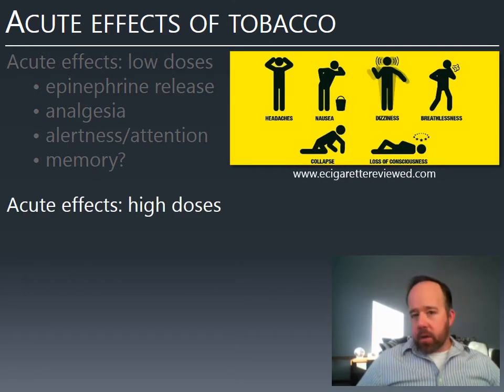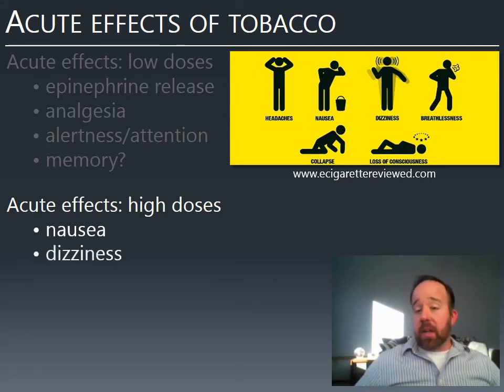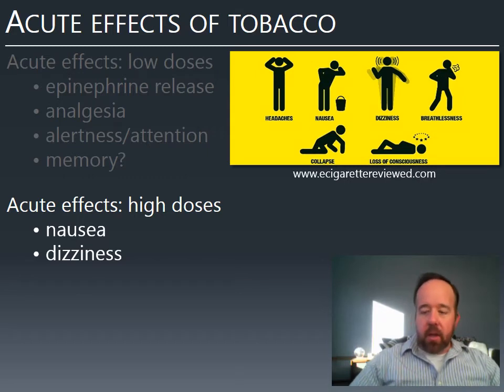So that's low doses, but of course high doses are possible also. And this carries with it some other acute effects. Things like nausea, things like dizziness. And these are high doses, but not as high as it can get. As we'll see, higher doses lead to more drastic effects.